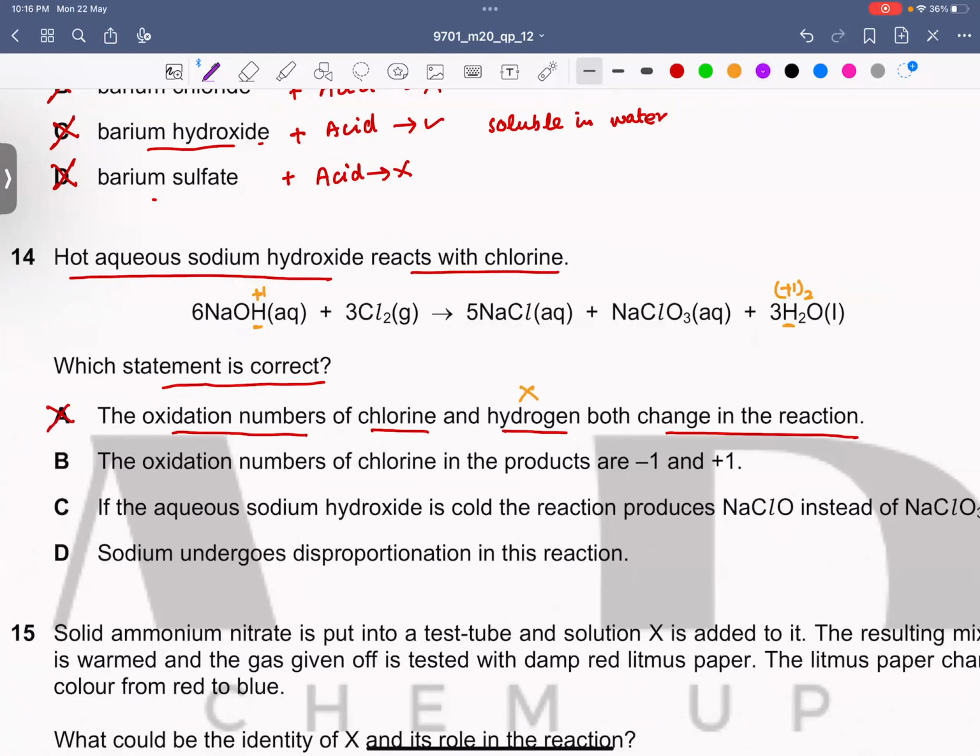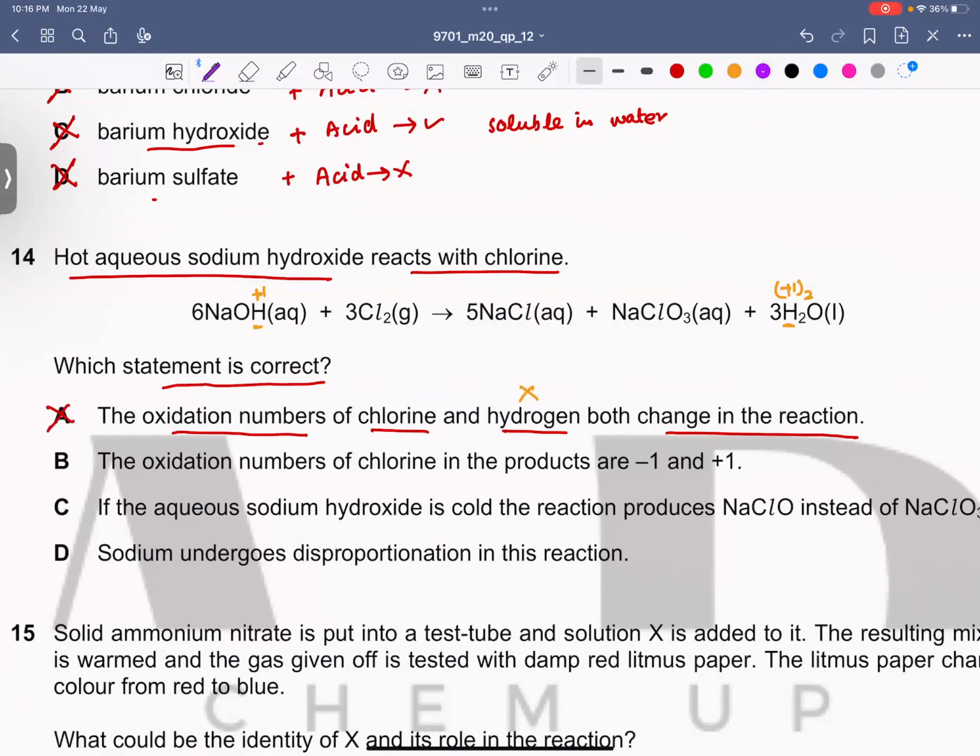Sodium has a +1 oxidation number, so chlorine must have a minus. Here, chlorine is with sodium and oxygen both.